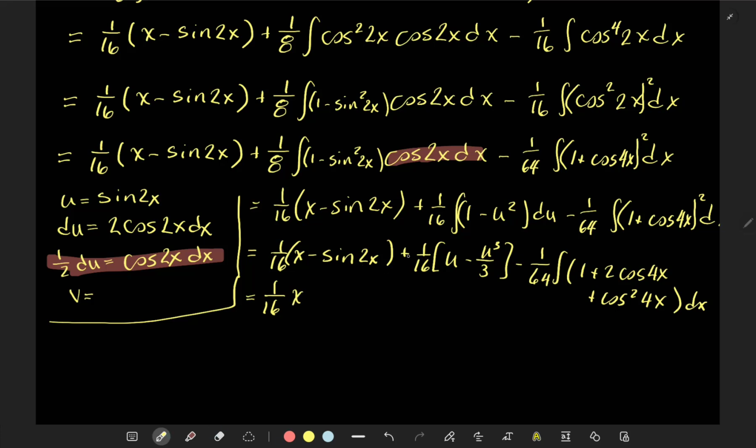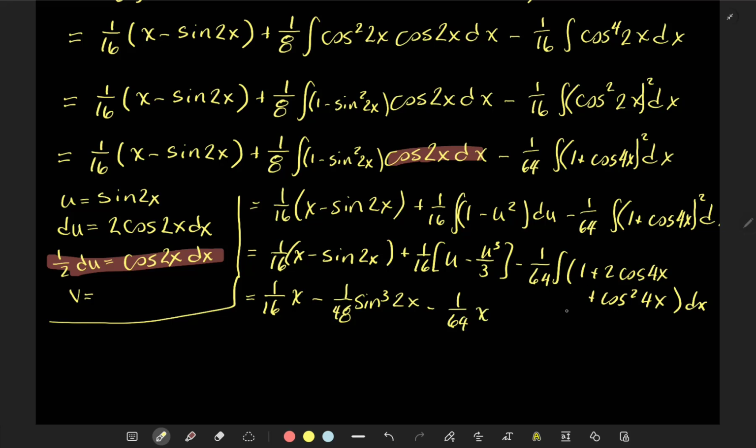And then minus 1/16, 16 times 3 is going to be 48, so 1/48 of the sine cubed of 2x. That's just taking my substitution back. As I said, the sine of 2x here and the sine of 2x here cancel, because one is minus, the other is plus. They have the same coefficient. They cancel, and then I'm going to have minus 1/64th of x.